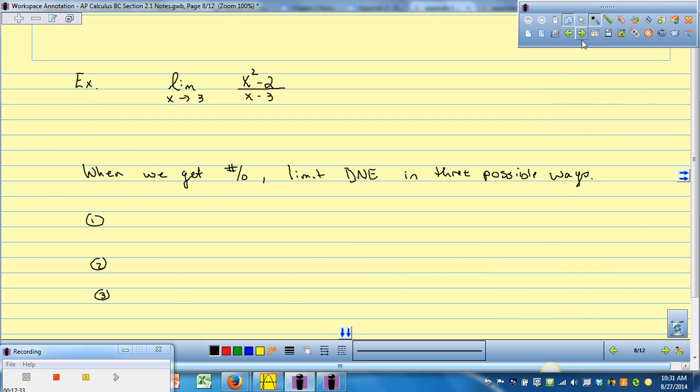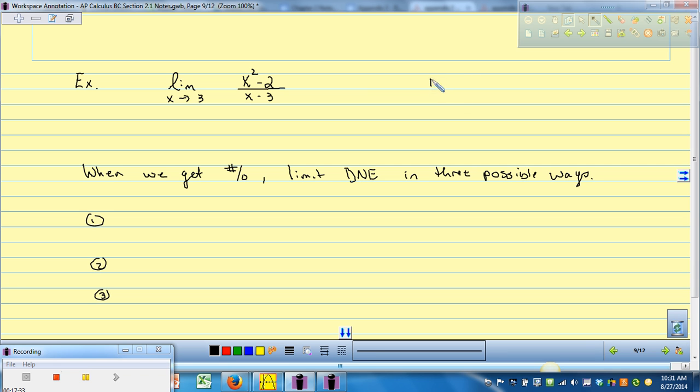Let's see what else we have. So we talked about this. We keep seeing this 0 over 0, and that is an indeterminate form. We need to change the look. All right. Well, what if we end up getting a number over 0? So in this one, the limit as x approaches 3 of x squared minus 2 over x minus 3. So write that down.